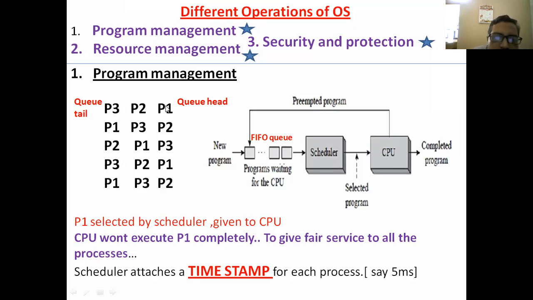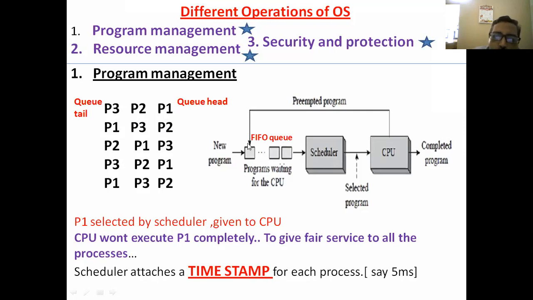Once P1 is executed for a particular timestamp, it is placed again at the tail of the queue, and the next program given to the scheduler is P2. Similarly, after P1, P2 and P3, all the programs will be executed only for a limited amount of time, which we call a timestamp.